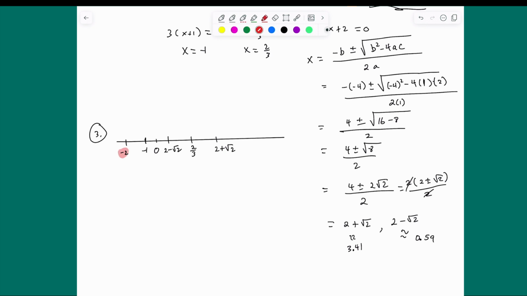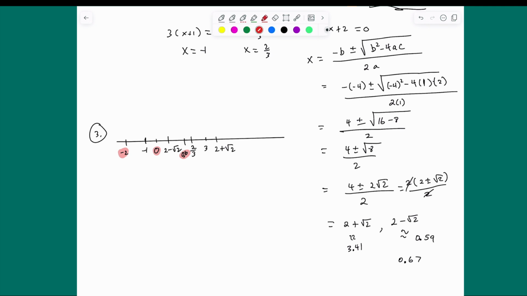So we have a test value, -2, 0, and then we'll take a test value of, say, well, 2/3 is about 0.67, and 2 minus root 2 is 0.59. So let's go ahead and choose 0.6. And then we'll choose something between 2/3 and 2 plus root 2. 3 would be a good choice there.